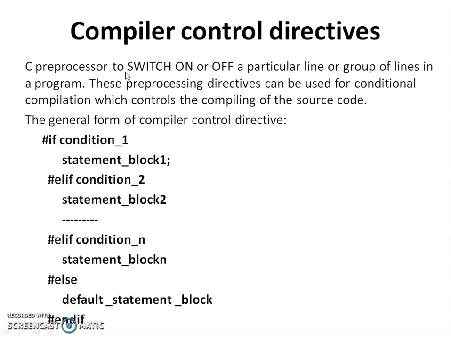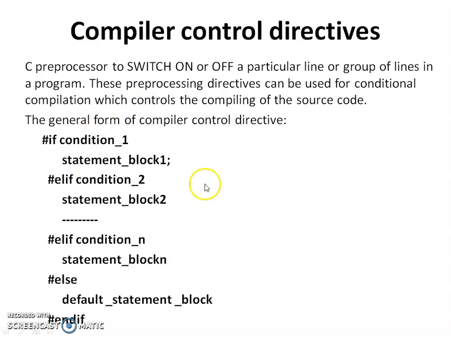This is a good feature of the C language. I'll try to illustrate both examples: the compiler control directives can be written before the program as a part of the preprocessor directives, or as a part of the program also. So let's go ahead with that.